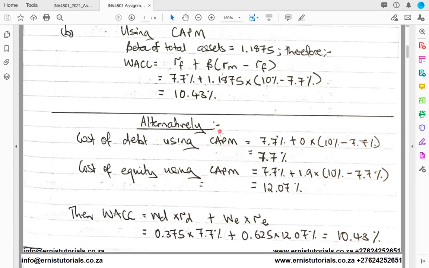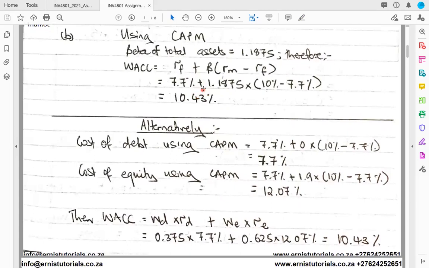So for the calculation of the WACC, we could have done it in a different way. We could have simply calculated the cost of debt using the capital asset pricing model, where we say the risk-free rate plus the beta times the return on the market minus the risk-free rate, we get 7.7%. And we could have calculated the cost of equity by itself using the capital asset pricing model to give us 12.07.